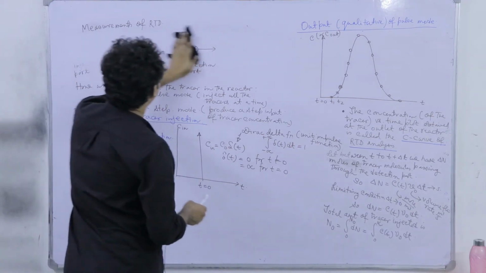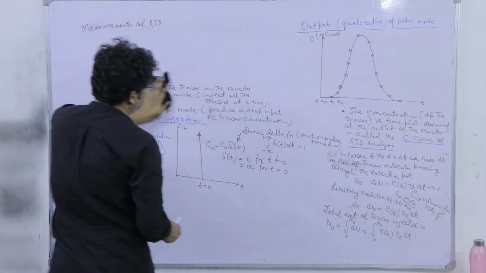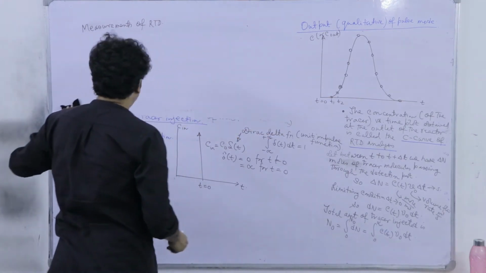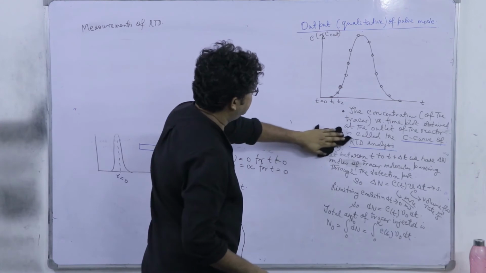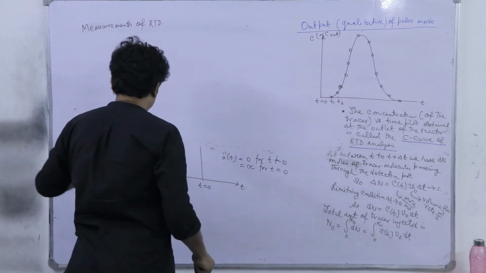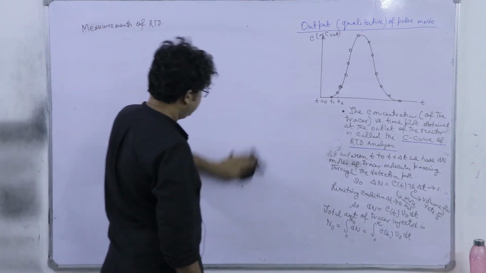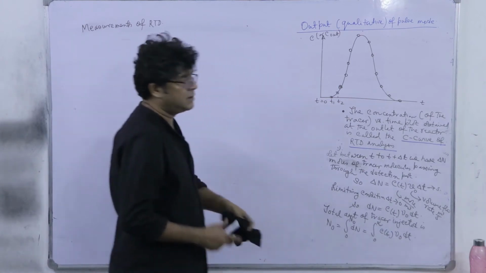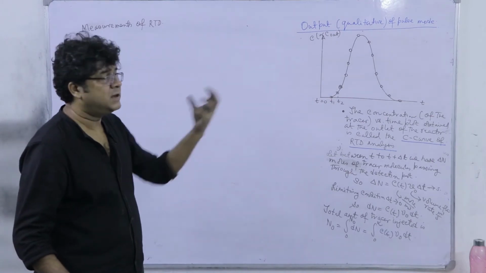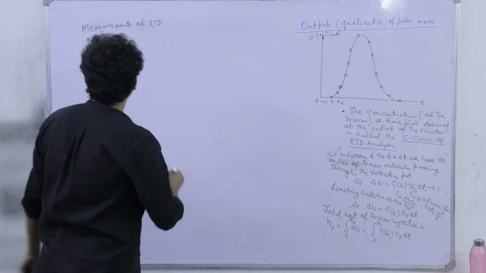Now, when we are thinking of a distribution, what are we trying to measure? We are trying to measure the probability of a tracer particle or tracer packet to have a residence time between t to t plus dt, right.